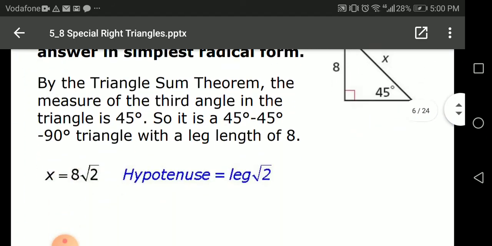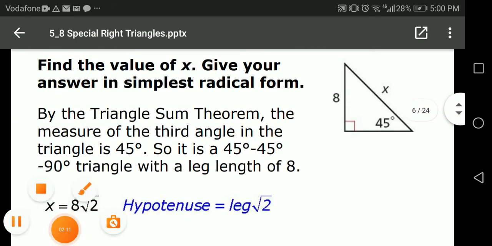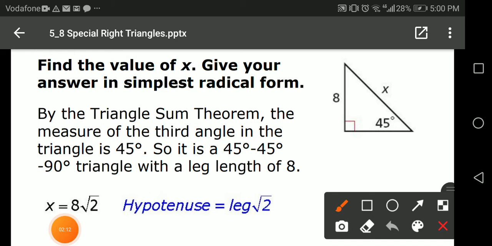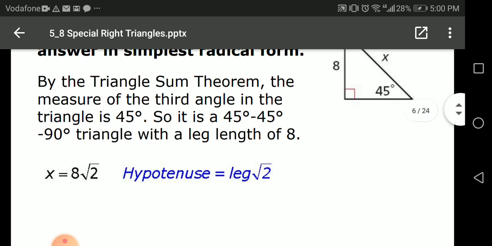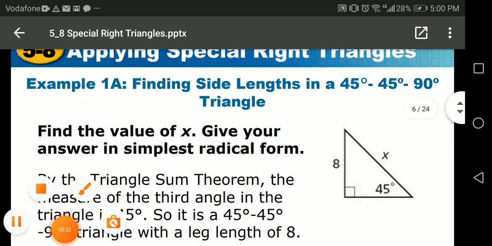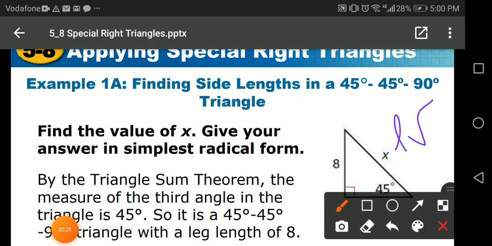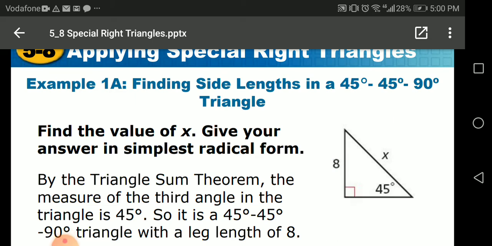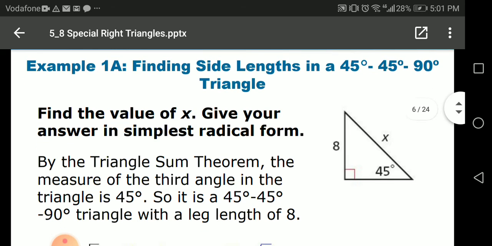So the hypotenuse here is L square root 2. Let's write it again. We have L and square root 2 for the hypotenuse, and here L and L. After that, the question asks me to find the value of x. What's the value of x here?